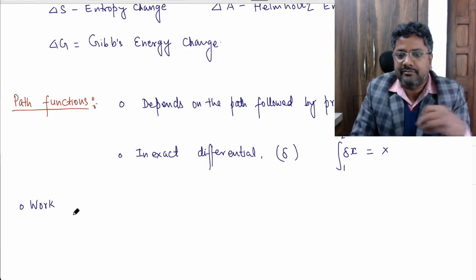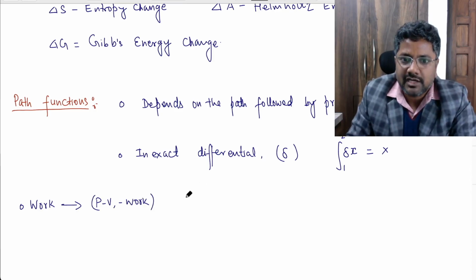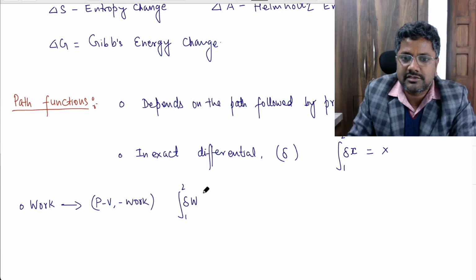Basically, we have different kinds of work, but here I am talking about pressure volume work. This is a path function, and it is represented like this, δW, the integral from 1 to 2 is equal to W.